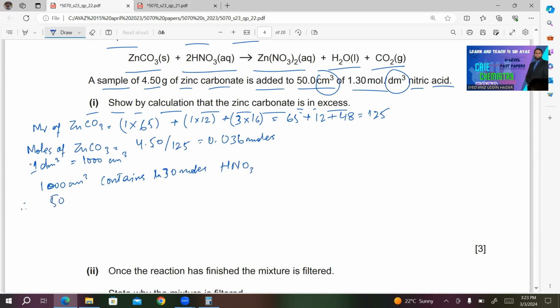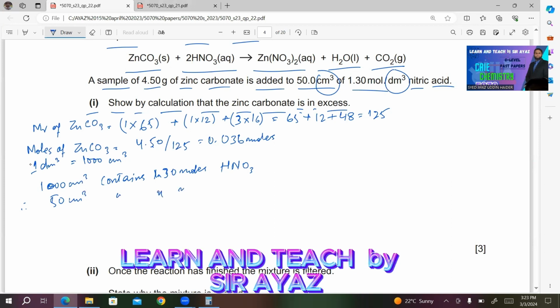Therefore, 50 centimeter cube contains X moles.